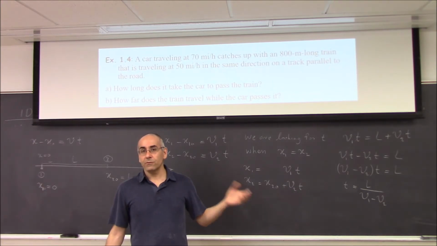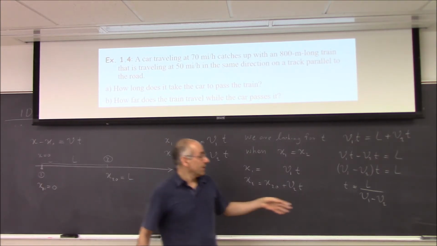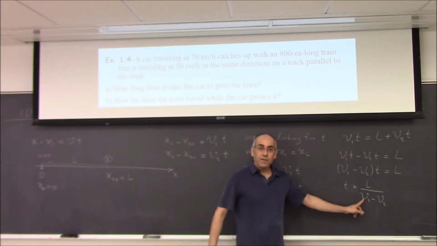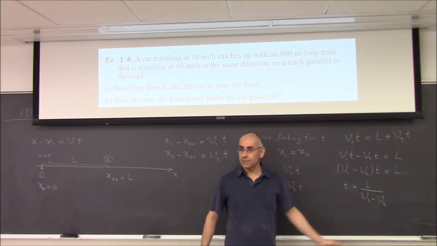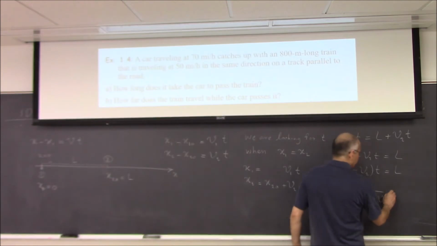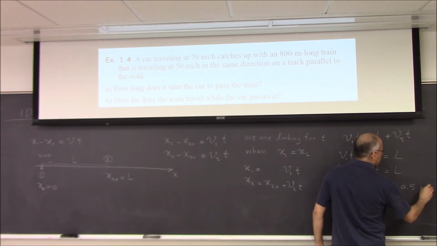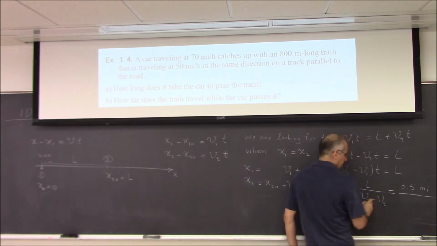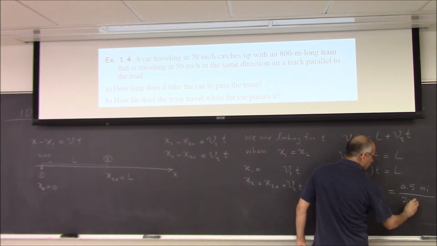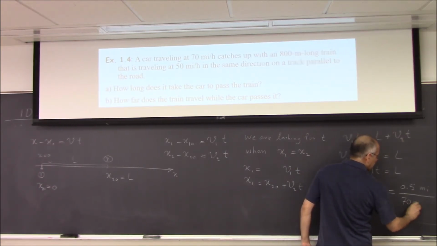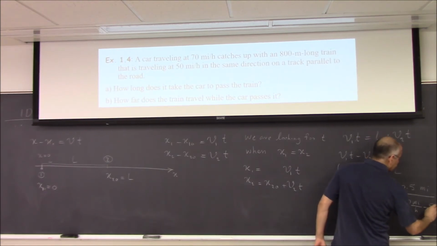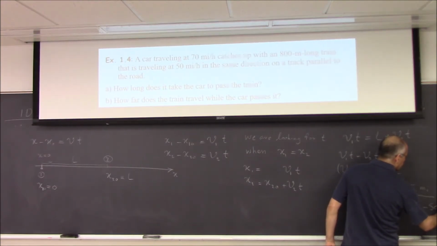So the difference was 20 miles an hour. The length is half a mile, divided by 20 miles an hour, get 1/40th of an hour, right? So that's half a mile divided by 70 miles per hour minus 50 miles per hour.